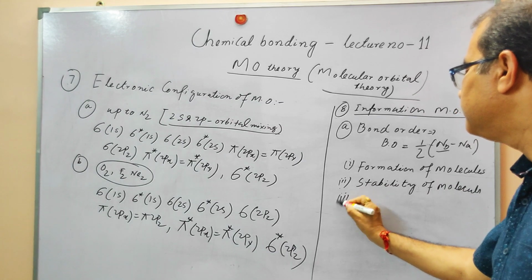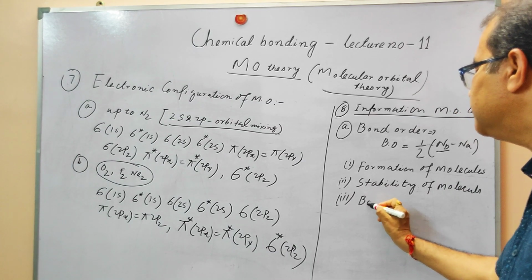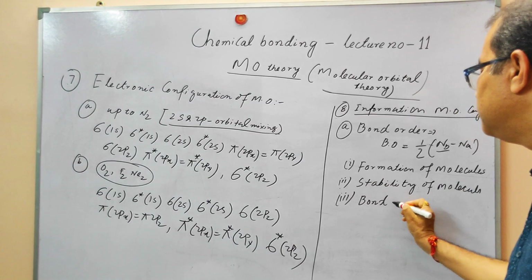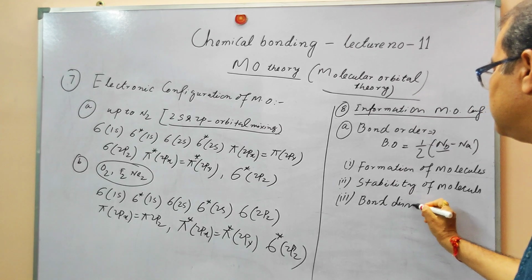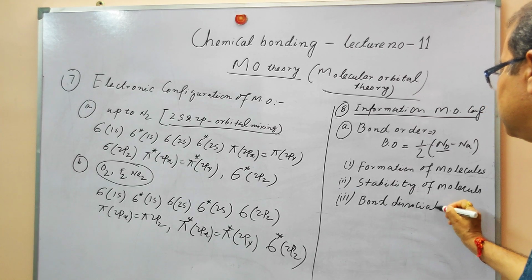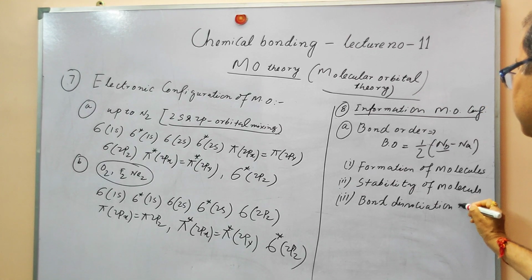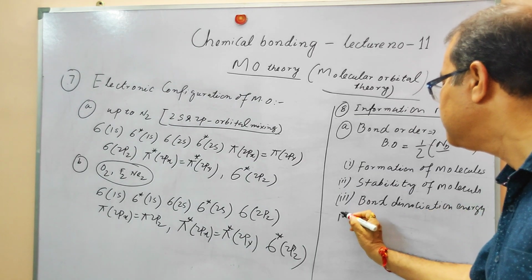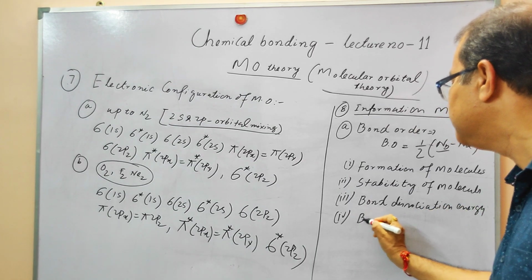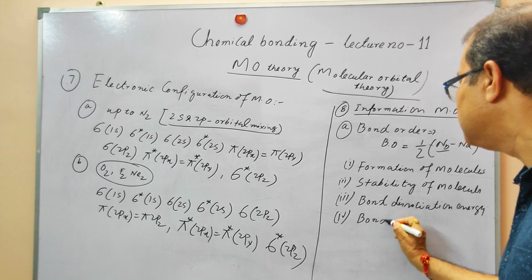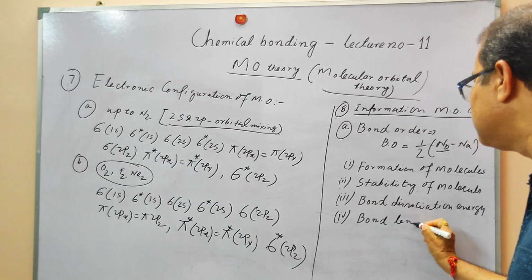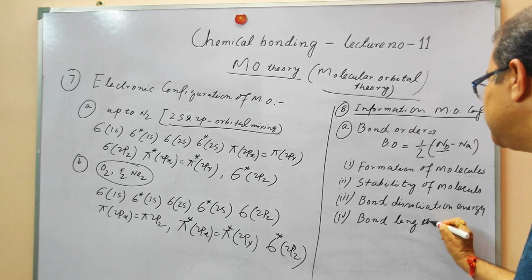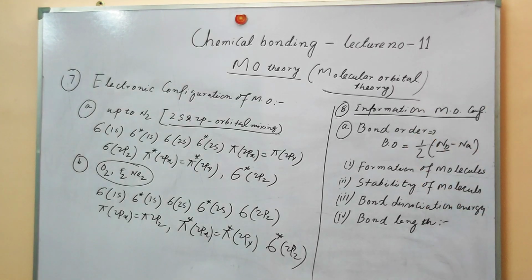Third thing, the bond dissociation energy. And fourth thing, the bond length. So all this information we can get from the bond order.